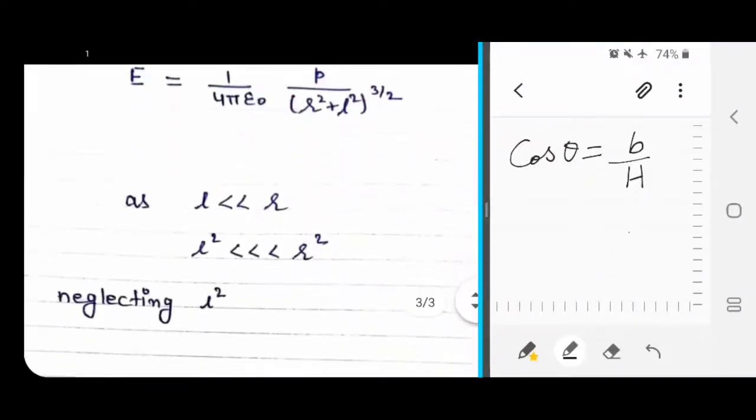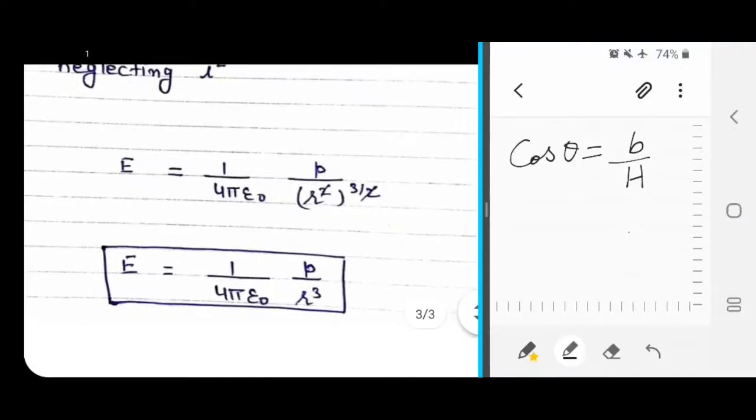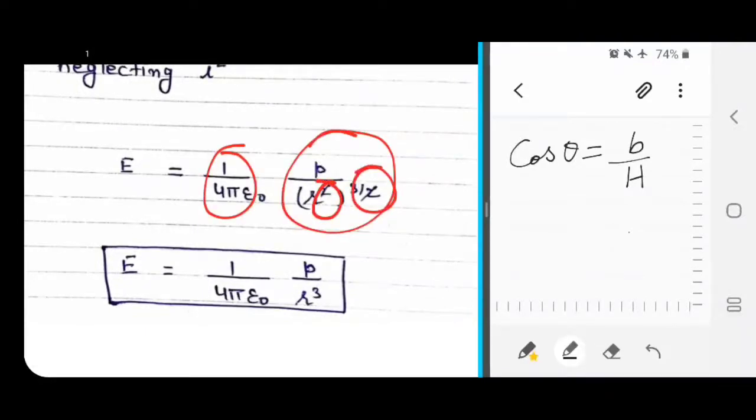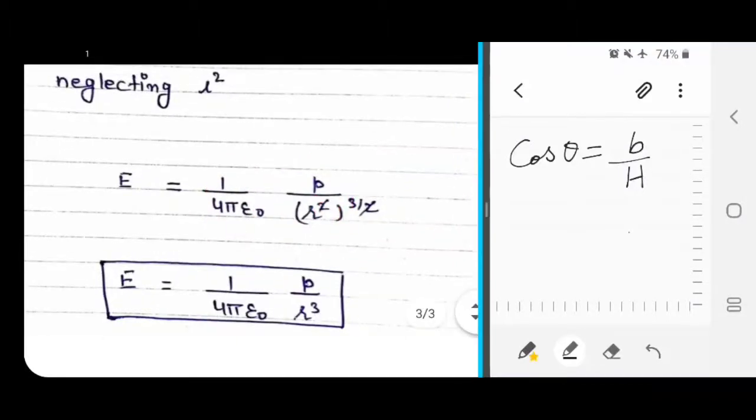So we get 1 upon 4 pi epsilon naught, p upon r square whole power 3 by 2. The 2 cancels. So here we get E equals 1 upon 4 pi epsilon naught, p upon r cube. This is the expression for the electric field intensity due to an electric dipole at a point located at the equatorial point of the electric dipole.